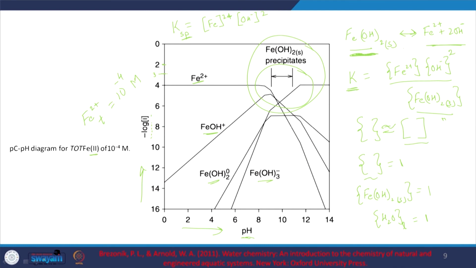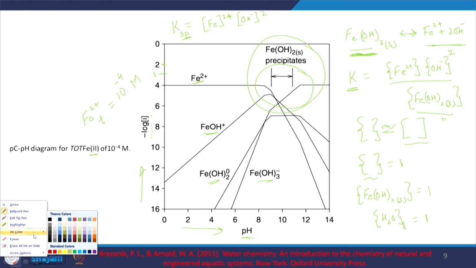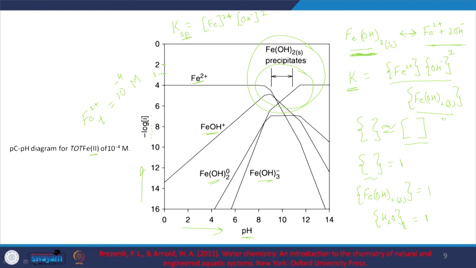In general, when will this particular solid be formed? You can also see that in the graph. When will the reaction go from the right to the left? That will happen when Fe2+ or OH minus are high, or both are high.